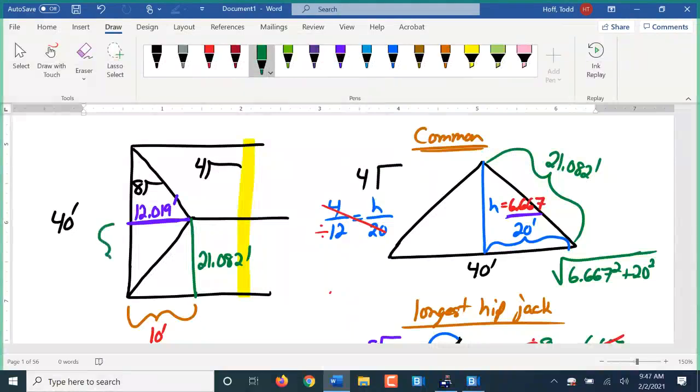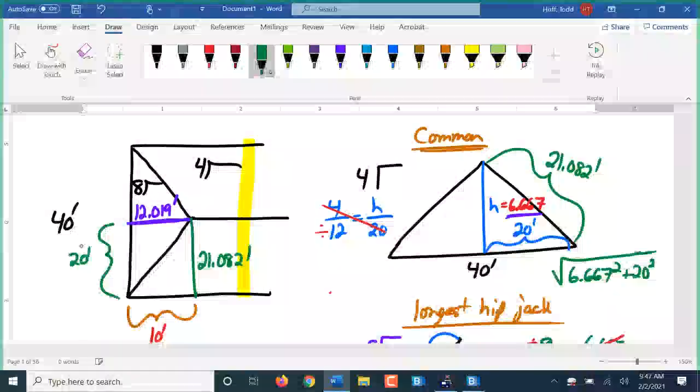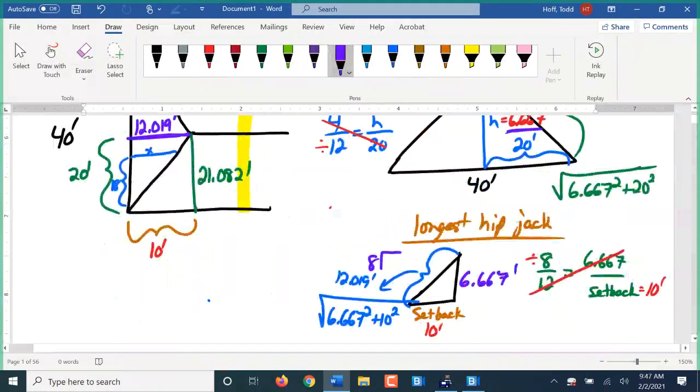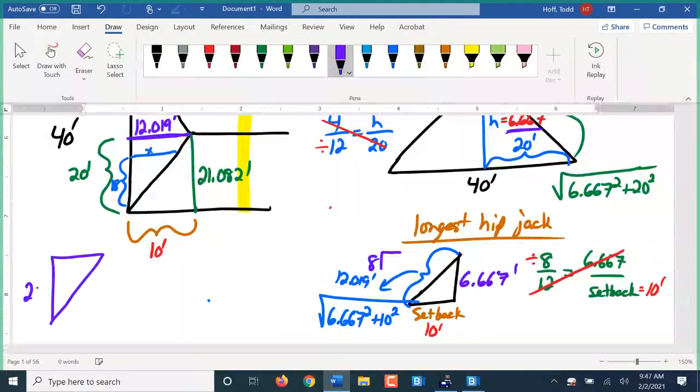Now, because these are different slopes, there's a different decrease on each side. So we know this distance here is half of our span of 20 feet. Our next rafter is going to be here at 18 feet, and we'll call that length X. So let's look at that one first. We've got 20 feet, 12.019 feet.